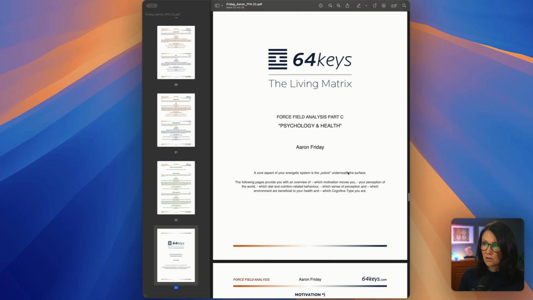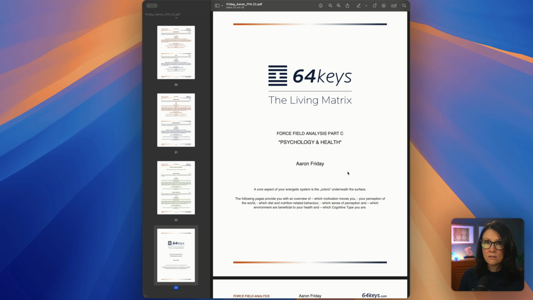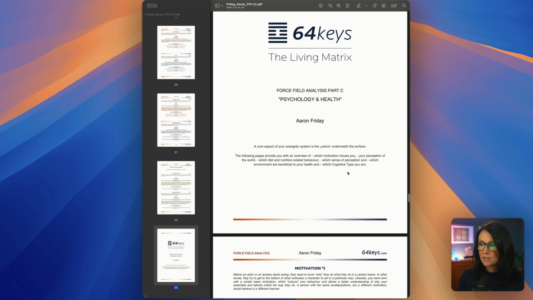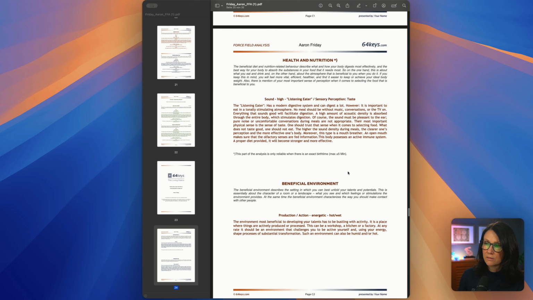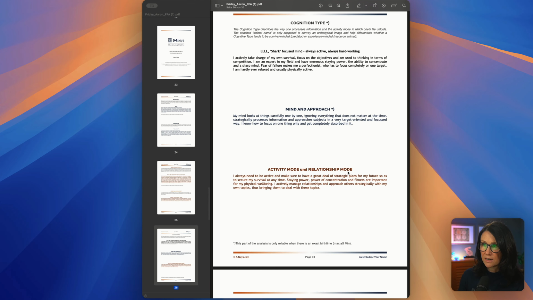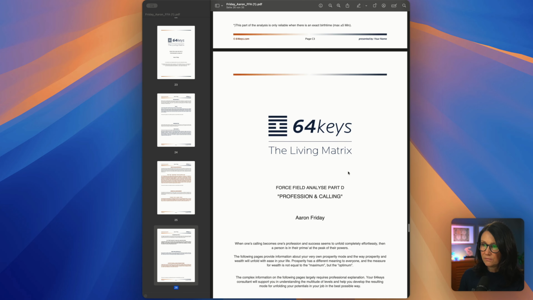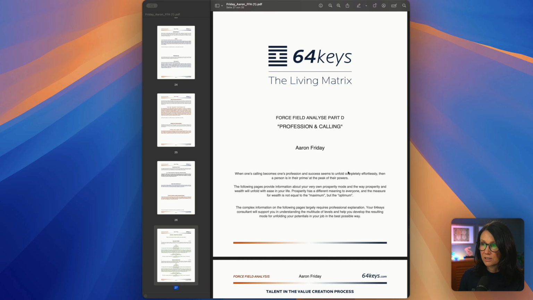Then there is a section on psychology and health, which includes below-line information on motivation, perspective, health and nutrition, beneficial environment, the cognition type, that means the variable. There is a section on profession and calling.